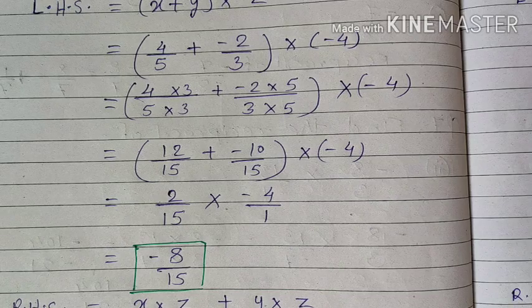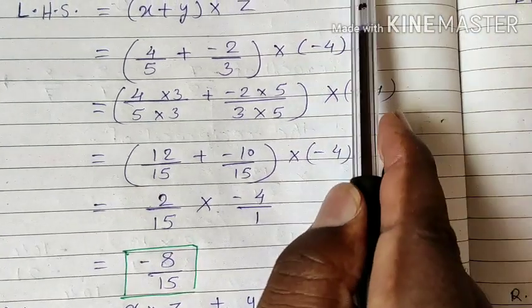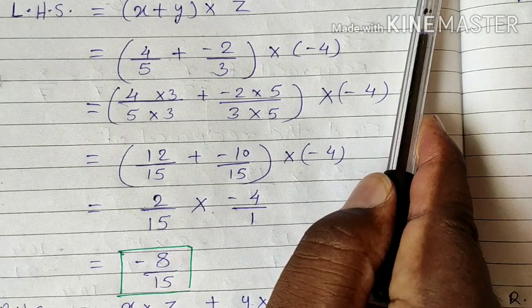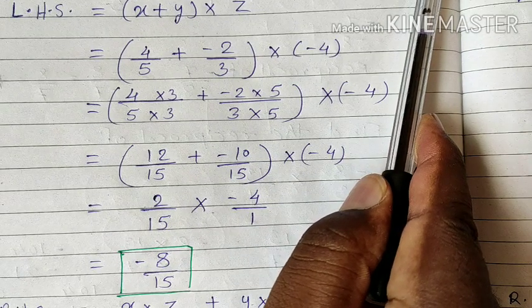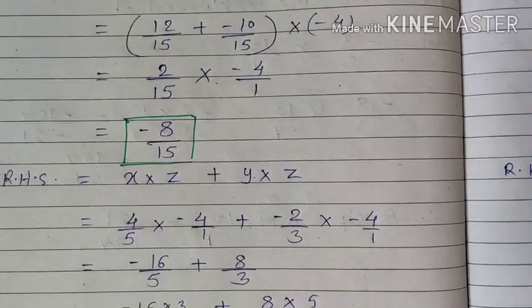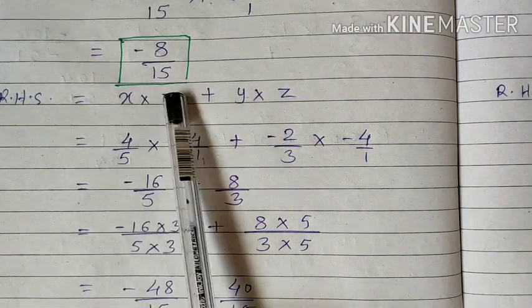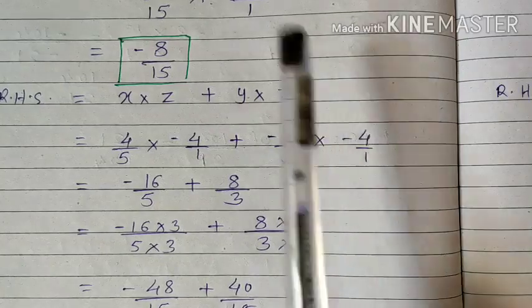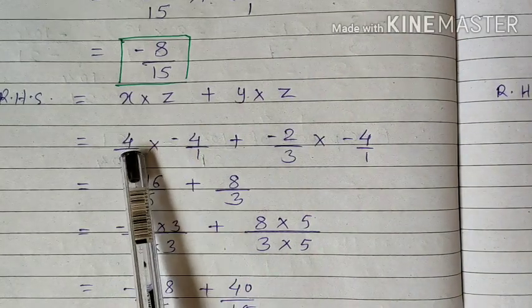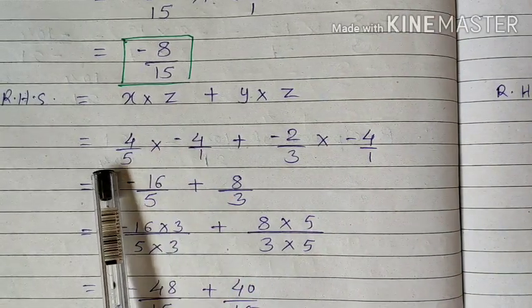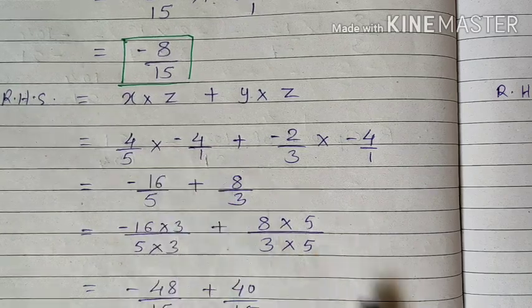Next is the RHS. So this is our RHS, x into z plus y multiplied by z. So we have taken the RHS now. Substitute the values of x, z, y, z which are given above. Then let us simplify this.